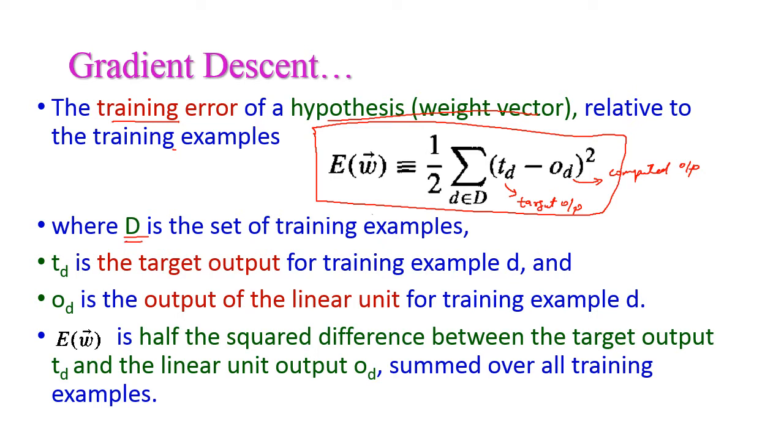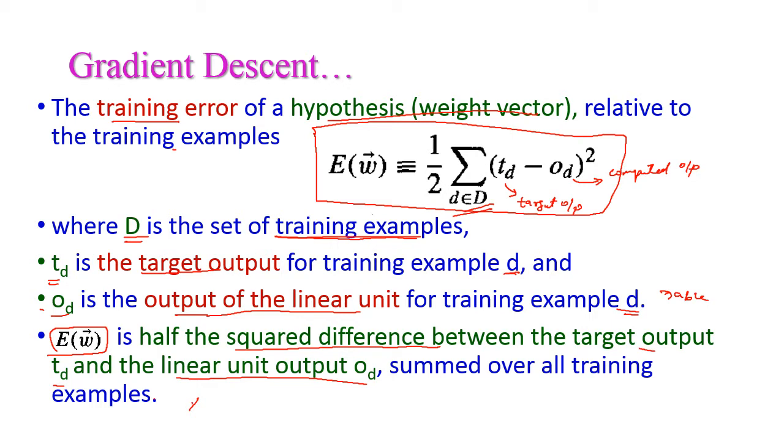Here D is the set of training samples, the training samples which we have given to the network, and TD is the target output of training sample D, this particular D, and OD is the output of the linear unit for the training sample D. This will be given in the table, and this error of weight vector is half the squared difference between the target output TD and the linear output OD, summed over all training examples, using the summation symbol.